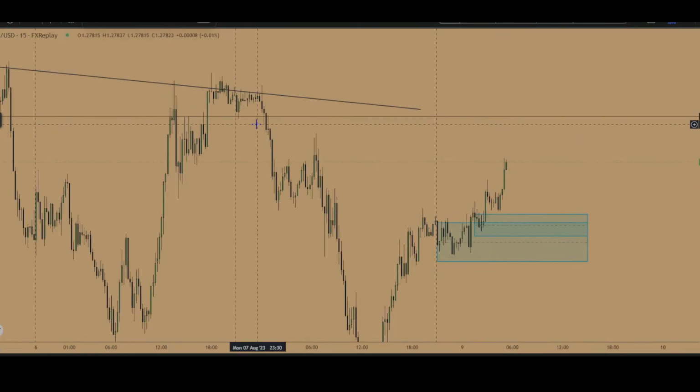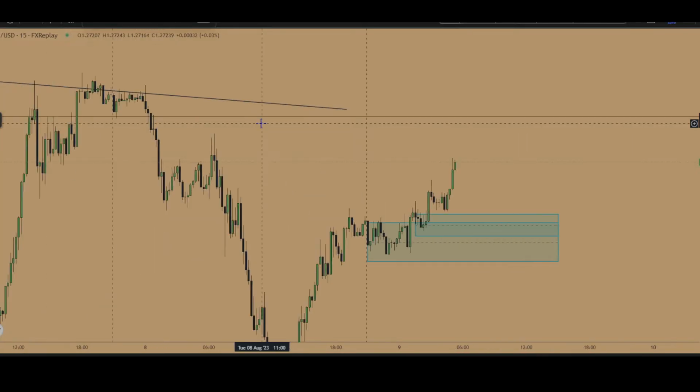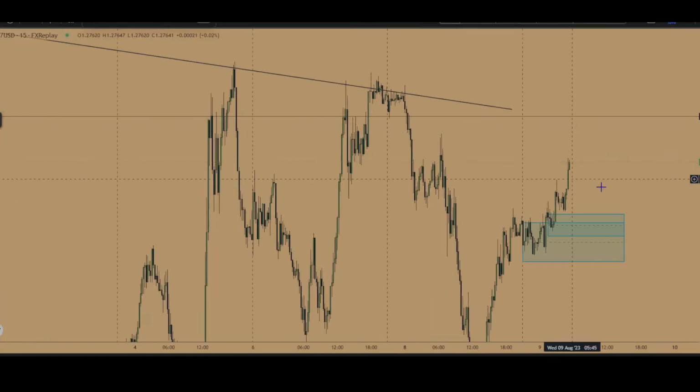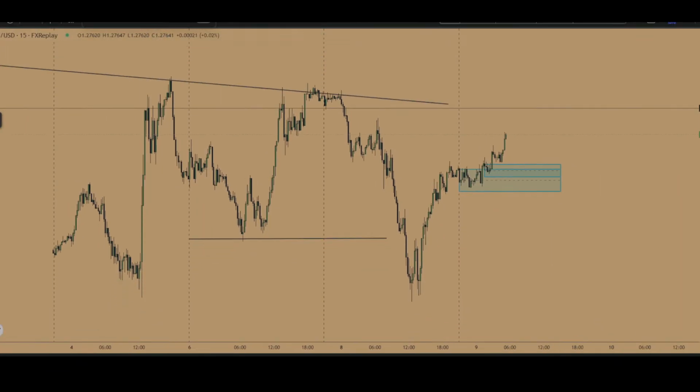So this is a market maker buy model, most probably.